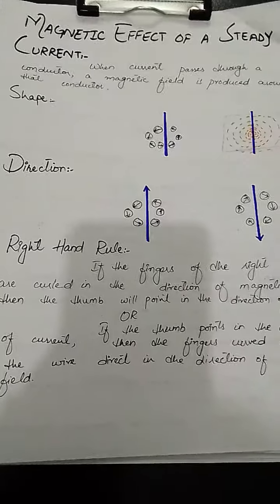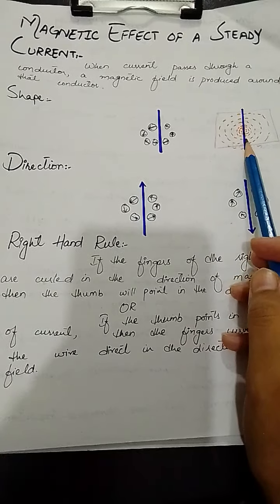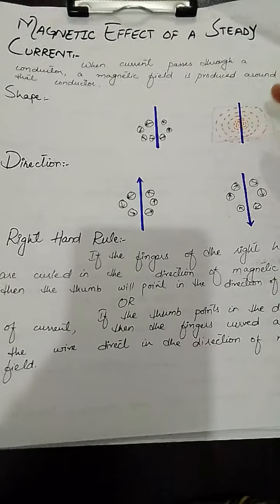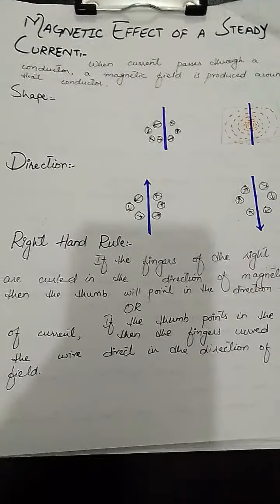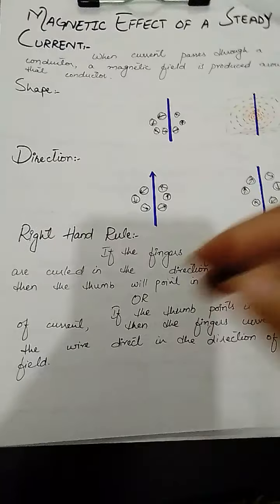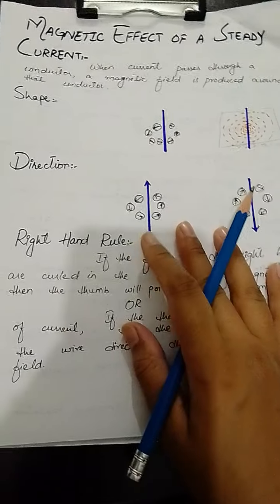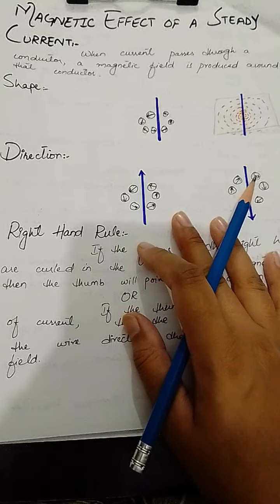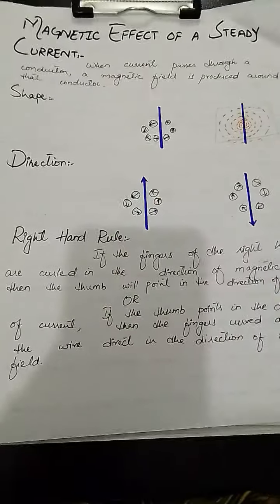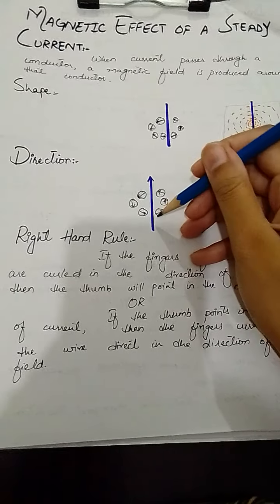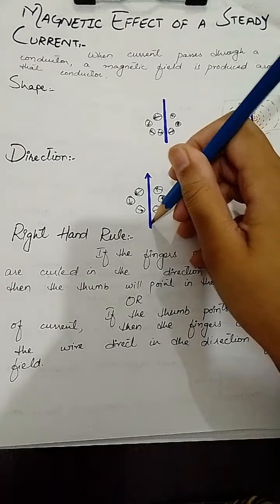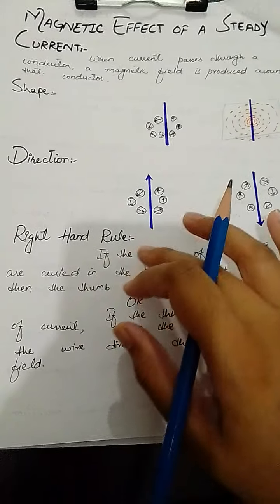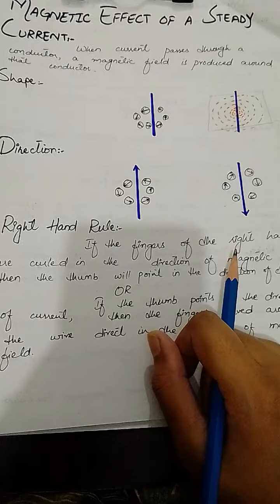This shows that the shape of the magnetic field produced by that conductor is circular. As it has a certain shape, it must have some kind of direction, of course. The direction depends upon whether the current is flowing upwards or downwards.